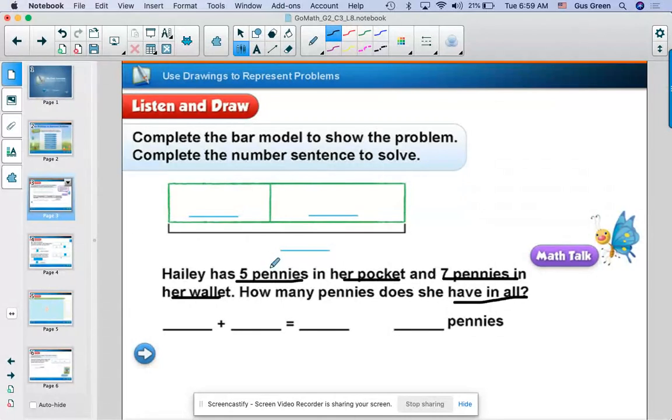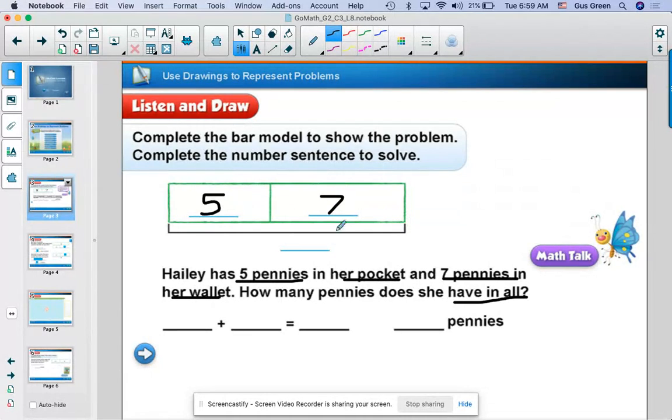So let's write in the information we know. If you look carefully, you'll see that this part is a little bit smaller than this part. So we'll put the 5 here and the 7 here. And this goes underneath both parts and will represent the whole.